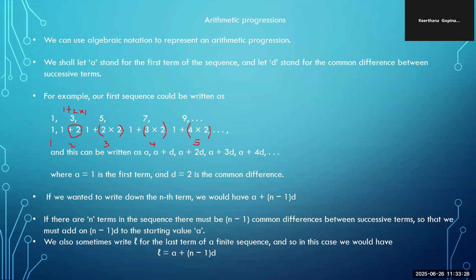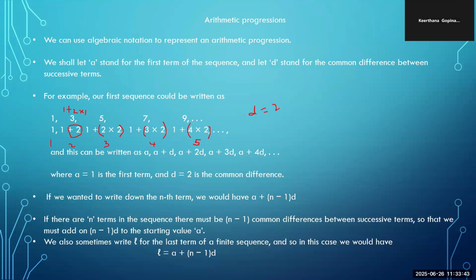If you look at it, 2 is constant here. The difference is 2, already given to you. That is why we are multiplying by 2.